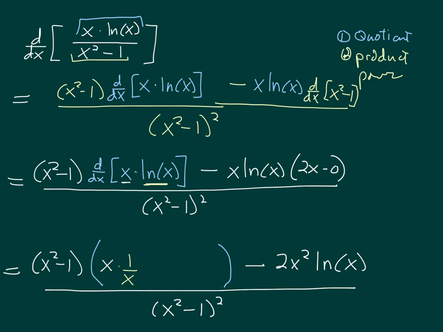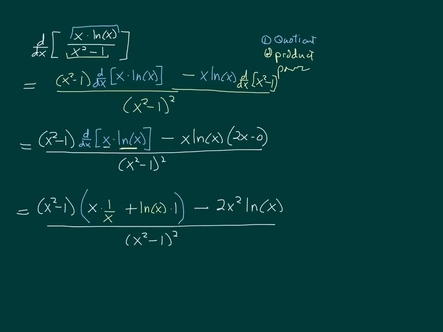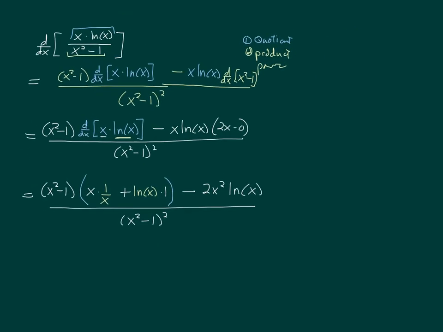And then to this, we add our second function, which in this case is the natural log of x, times the derivative of our first function. And we know the derivative of x is just 1, right? This is the line of slope 1, and so its instantaneous rate of change at any point will be 1 as well. Okay? So I'm going to zoom this out a little bit so we can write our final answer.